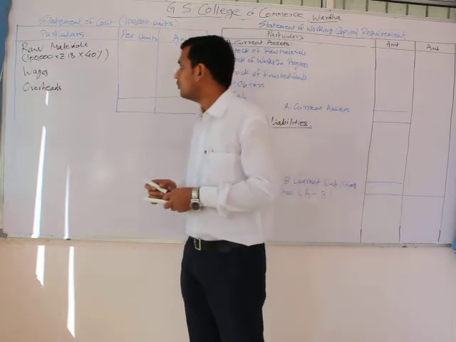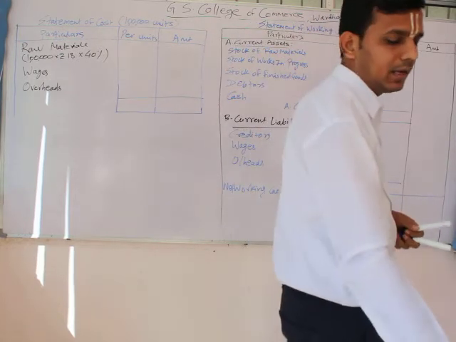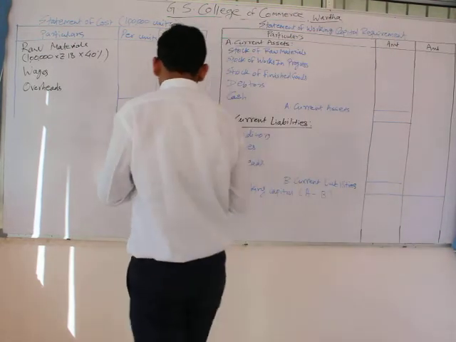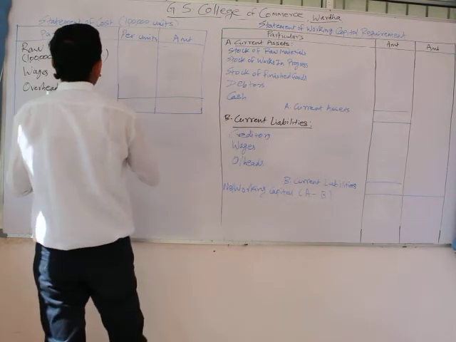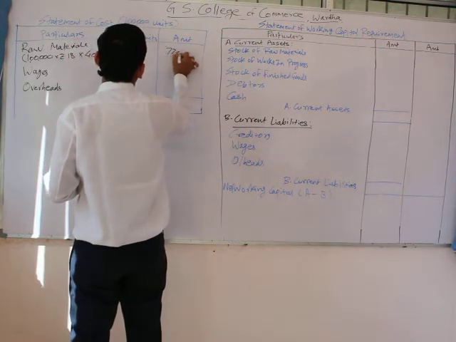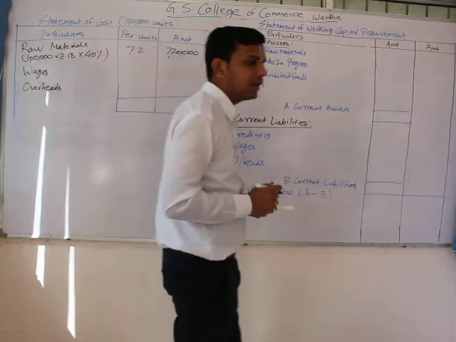Or we can take 18 into 40%, so that we have our per unit amount, that is 7.2, or it can be written as 7,20,000, that is 7.2 into 1 lakh.